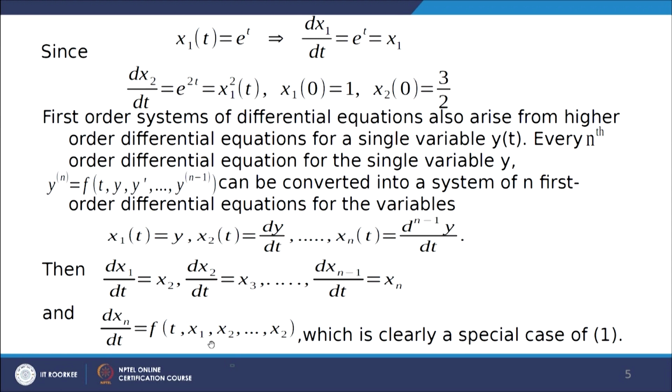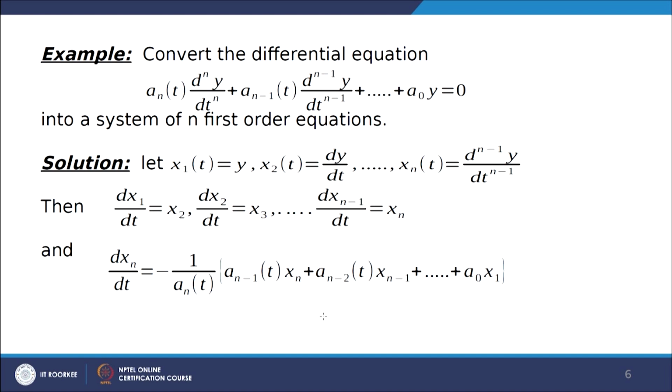It is a system of n first order equations: dx1 by dt equal to x2, dx2 by dt equal to x3, dxn minus 1 by dt equal to xn, and the nth equation is dxn by dt equal to f(t, x1, x2, ..., xn). So, this is a special case of the system given by equations 1.